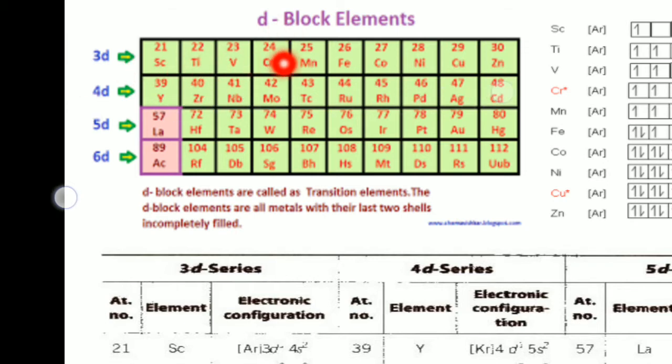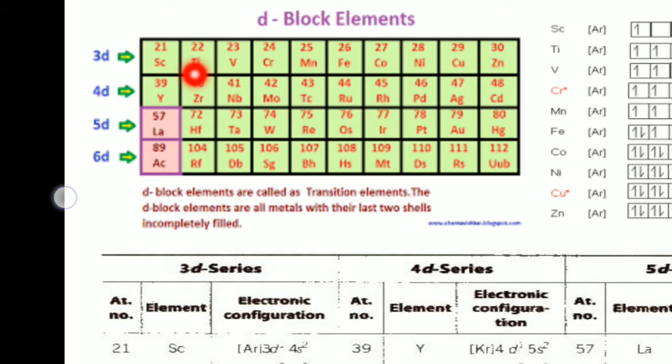The 4d series, which is present below the 3d series, starts with the yttrium element and ends with cadmium, 48. So this series of elements is called the yttrium series. Next, this is the 5d series, because in these elements the electron enters into the 5d orbital.